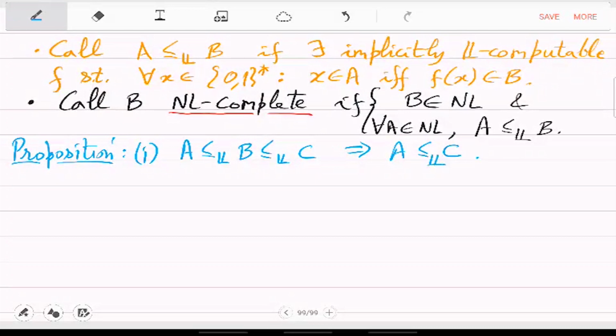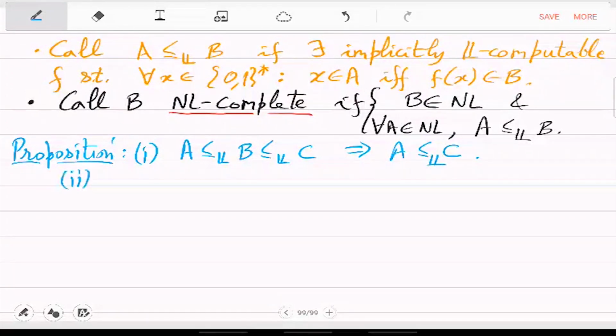It's a very weak kind of reduction, a very restricted reduction. So, x in A will have to be mapped first to f1 of x in B and then f2 of f1 of x in C. But you don't have enough work tape space to store the whole output, right? So, you have to do this bit by bit, that's the problem.